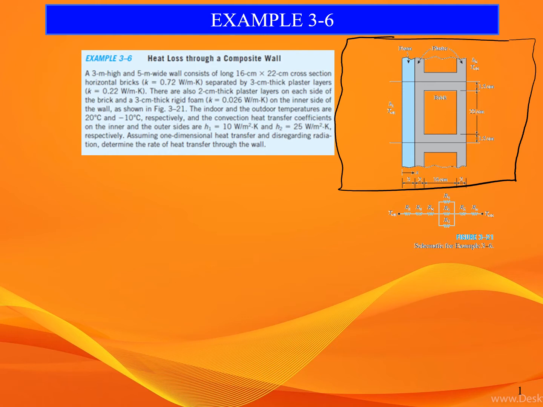Inside that wall consists of 16 cm times 22 cm cross section horizontal bricks with K 0.72 separated by 3 cm thick plaster layer. So from this brick to this brick separated by 3 cm.